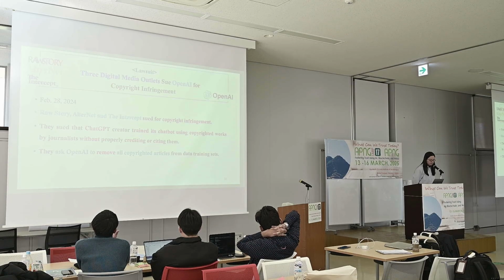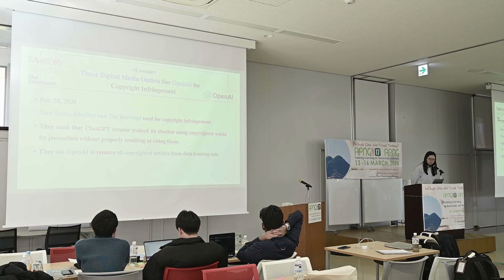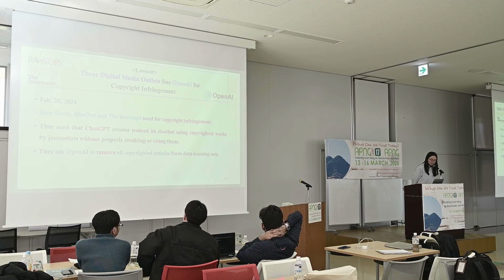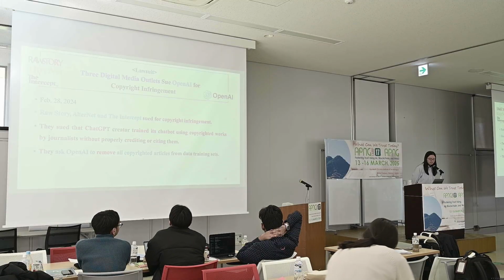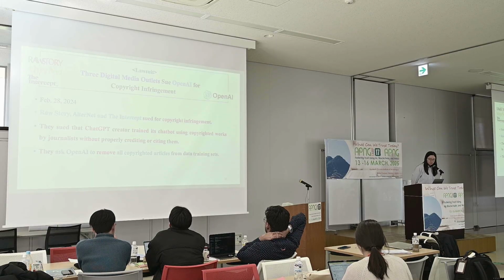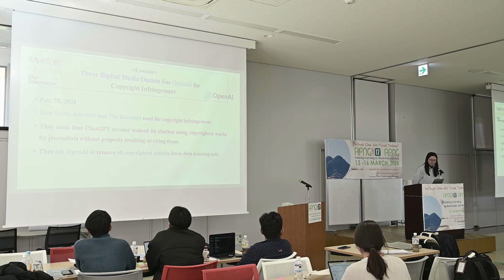For example, also in February 2024, the other companies, Raw Story, AlterNet, and The Intercept also sued OpenAI for copyright infringement. The same thing, they claim that OpenAI trained their chatbot using copyrighted works without properly citing or crediting them. And also, they ask OpenAI to remove all the copyrighted articles from their training data. Of course, I think there's no conclusion yet.